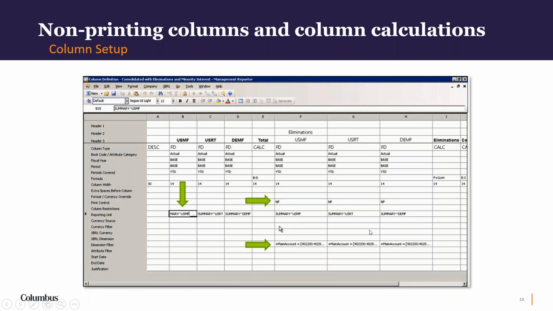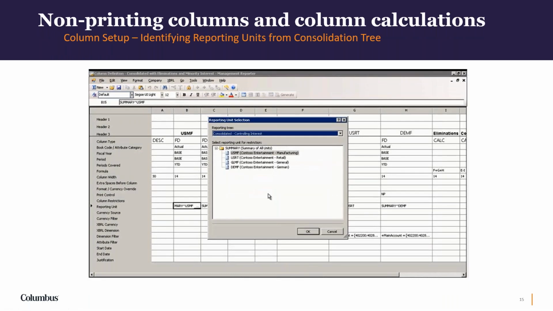Down here in my attribute filter is how I'm telling it what pieces of each of those companies are going to be the elimination pieces, what accounts include the elimination entries. So in column B, I'm using a tree to segregate off which branch I want to be included in that column.